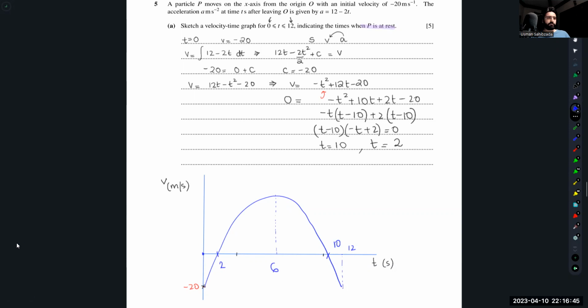You can plug the value 6 into the velocity expression to find the velocity at 6 seconds. Whatever this amounts to, you write it here, and that way you get the 5 marks in general.